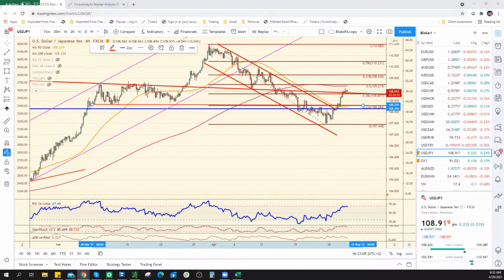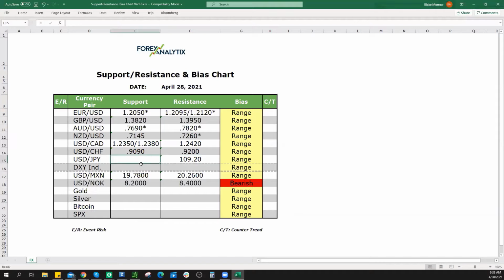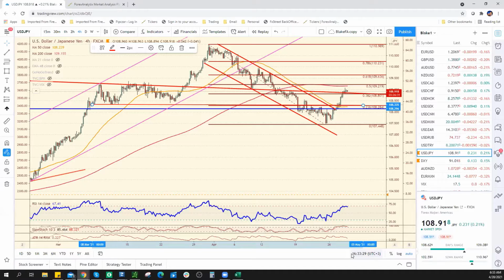Without really seeing what the Fed delivers us today, it's hard to be biased on any of the majors right now. We need more information, basically.